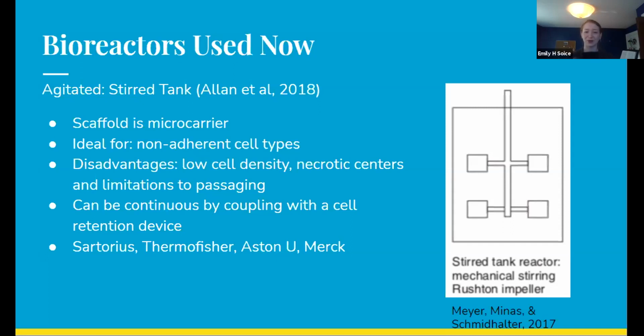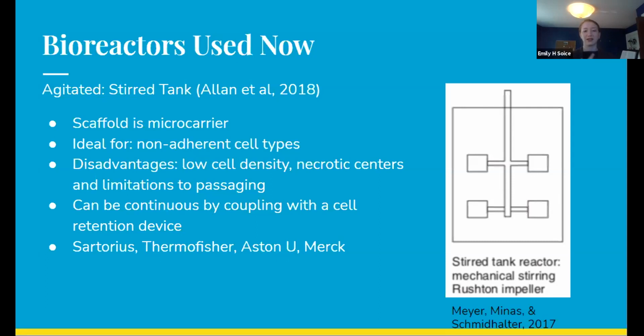However, this is more of a time averaged approach. It can lead to necrotic centers because your cells get cut off from nutrients. And it can also put stress on your cells and cause them to disassociate from the scaffolds.